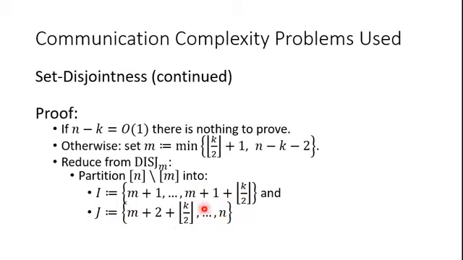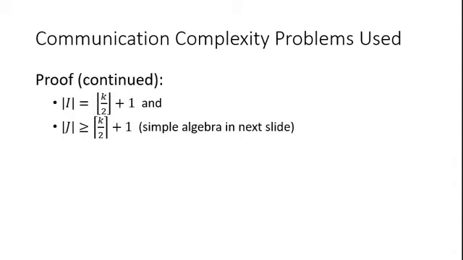We can see that these two together are what's left after we remove 1 through m from 1 through n, split into two disjoint sets, so they don't have any shared elements. Another thing we should notice is that the size of I is k over 2 lower bound plus 1, and the size of J is at least k over 2 upper bound plus 1.